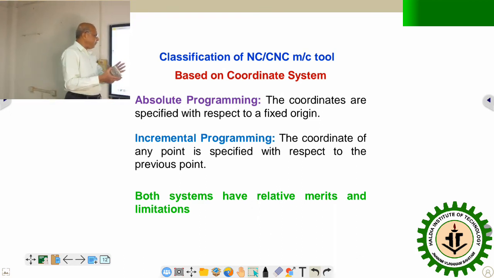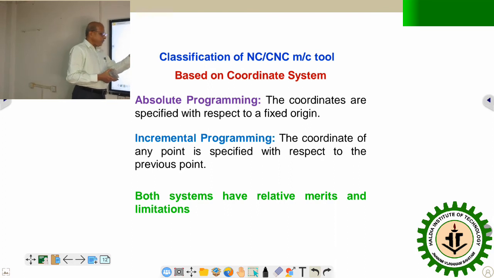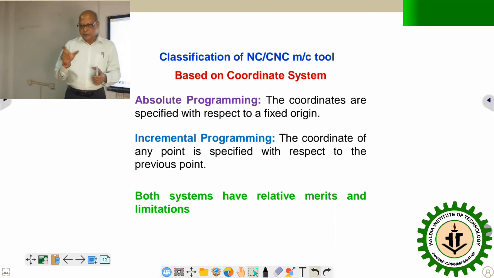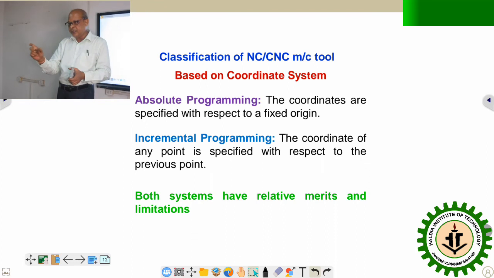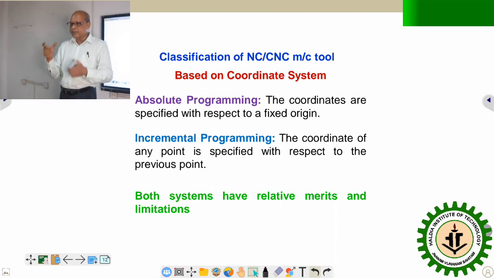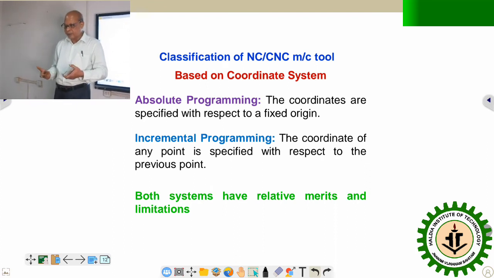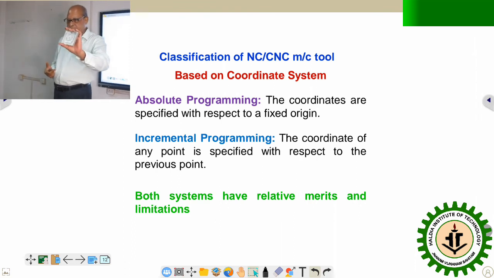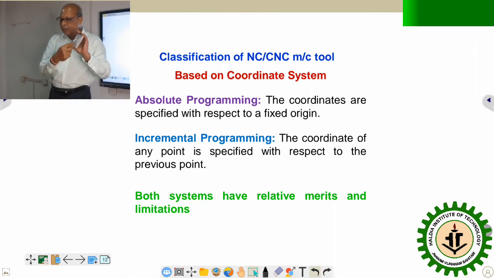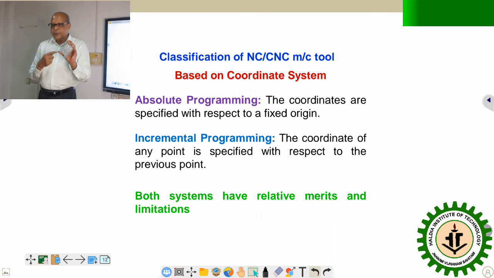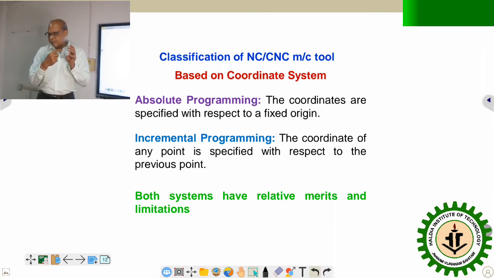Another relative merit or demerit depends on in which way your coordinates or dimensions are given in the drawing. What is your source for part programming? You will be given the component drawing, and in the component drawing your dimensions will be given. So in which mode are the dimensions provided?